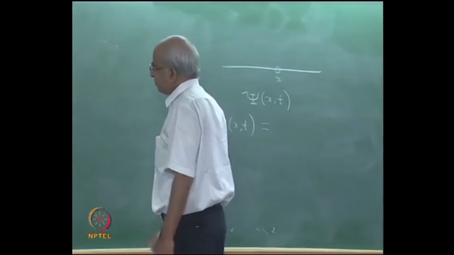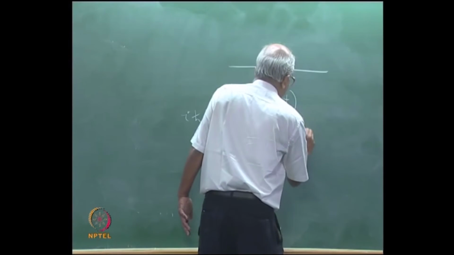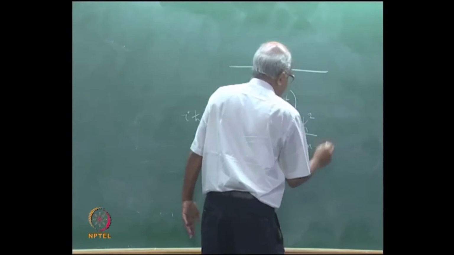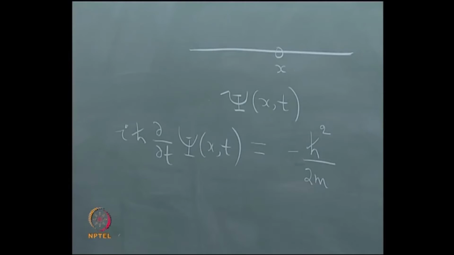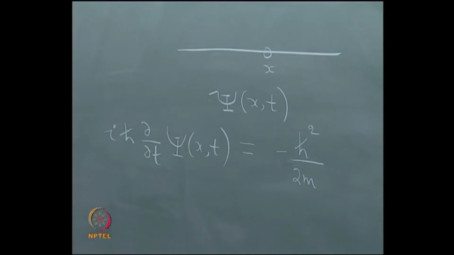What is H? Well, H will contain 2 terms, one of them an operator coming from the kinetic energy of the particle, which we know is minus h cross square by 2m.